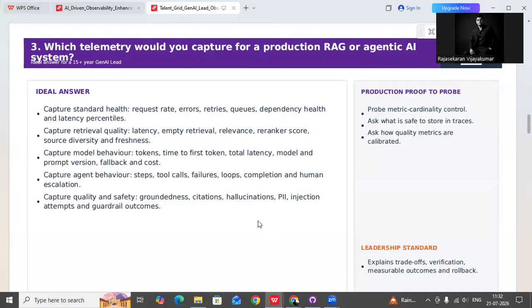Hmm. So I will design telemetry using a layered approach. As I said, at each stage I will be enabling the logs, metrics, and traces. Each layer will help us with monitoring, troubleshooting, governance and optimization.